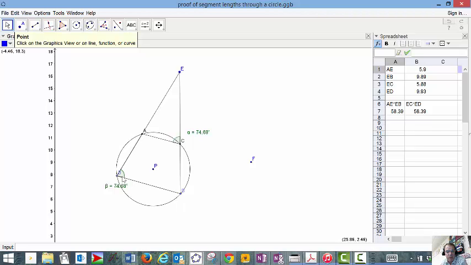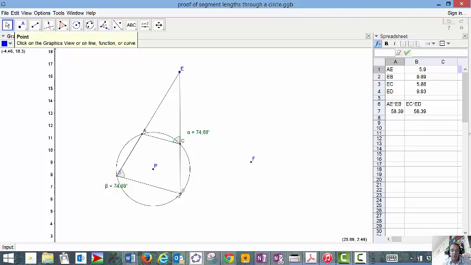When that happens, opposite angles like this one and that one are supplementary. So that means this green angle and that green angle are both supplementary to this angle in here. We also learned that if two angles are supplementary to the same angle, then they must be congruent. Therefore, these two green angles have to be congruent because of that property. So we've actually proven that now.